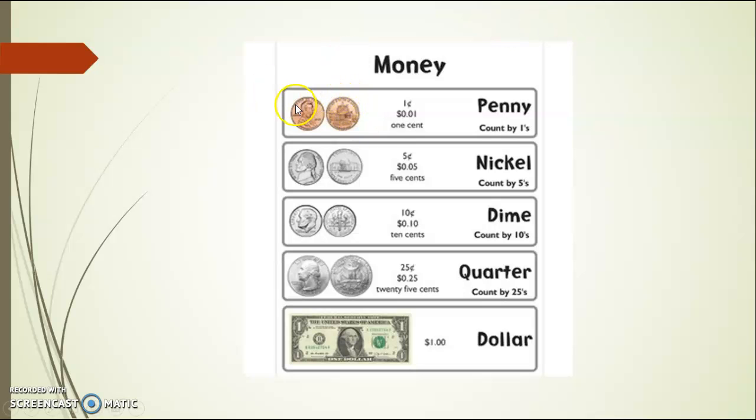So here we know this is a penny and it is worth 1 cent. This is our nickel and it is worth 5 cents. These are our dimes and they're worth 10. Quarters, 25, and our dollar bills are worth $1. However, those aren't the only bills. We also have our $5 bills, our $10 bills, our $20, our $50 bills, and our $100 bills.